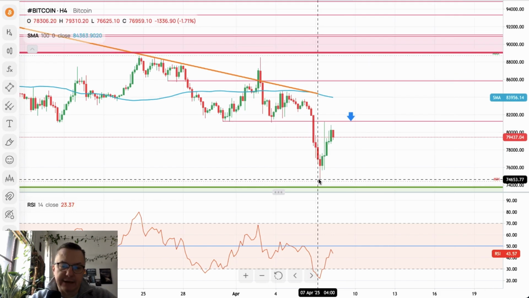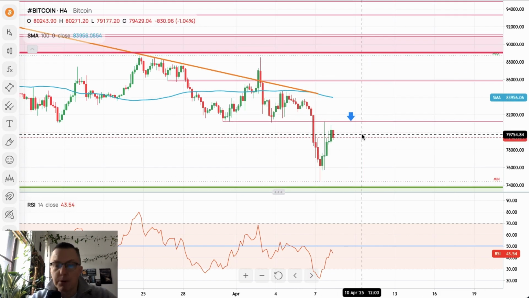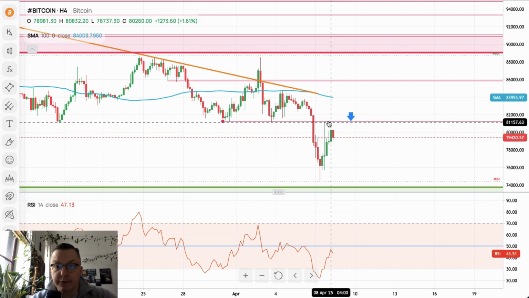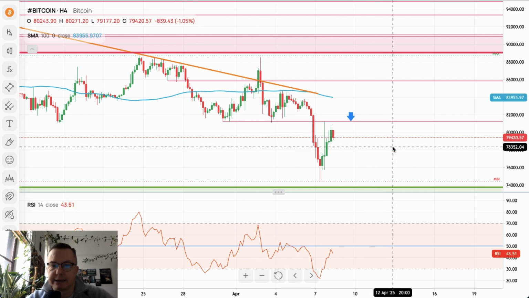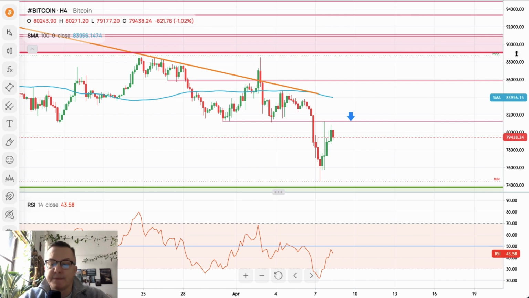But now the market is getting away from it for now. So we will see what will happen next. It looks like the bearish pressure might intensify if we don't break above 81,215, this local technical resistance. So let's wait and see what will happen on Bitcoin as well.